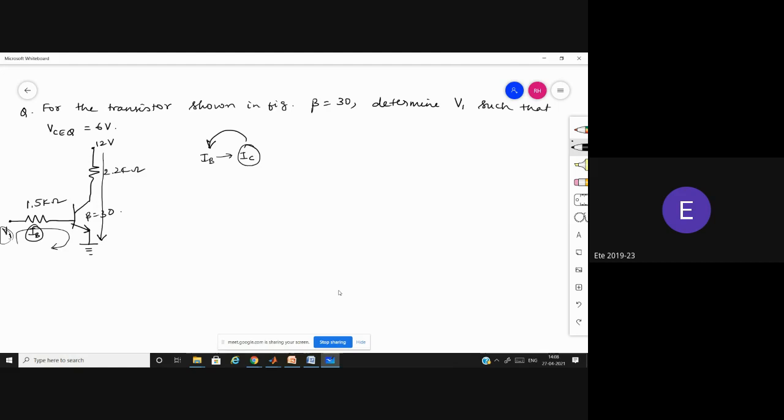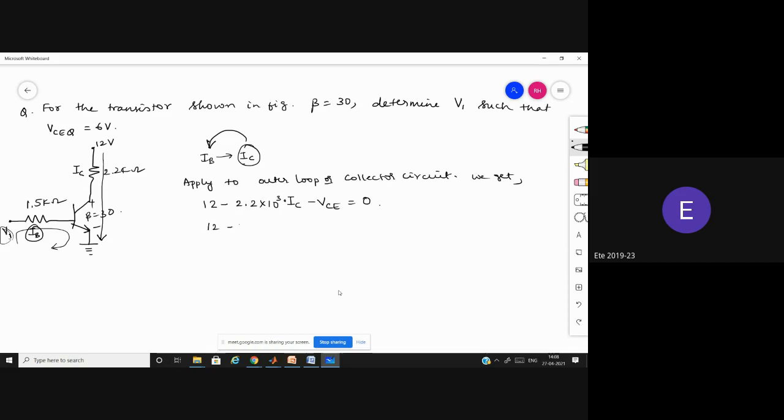So in order to find IC, we need to apply the KVL to the outermost loop. So apply the KVL. So when you apply the KVL to the outer loop or the collector circuit, we get 12 minus 2.2 into 10 to the power of 3 into IC minus VCE is equal to 0.